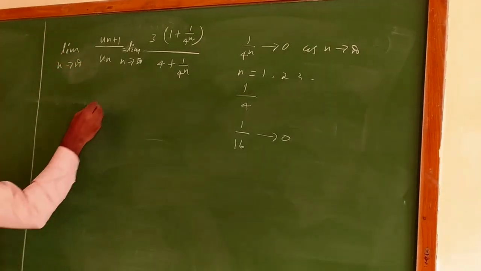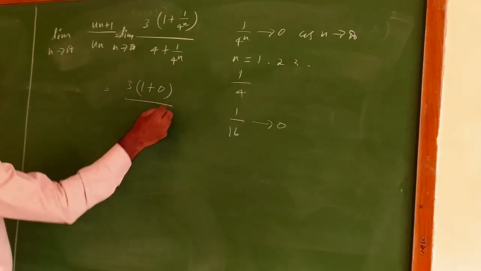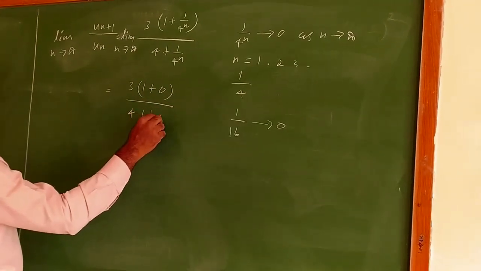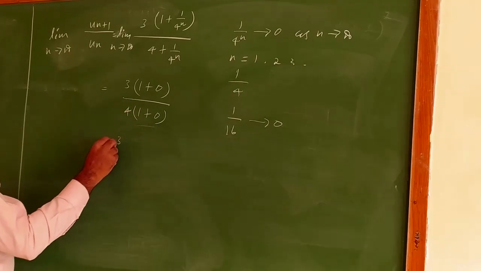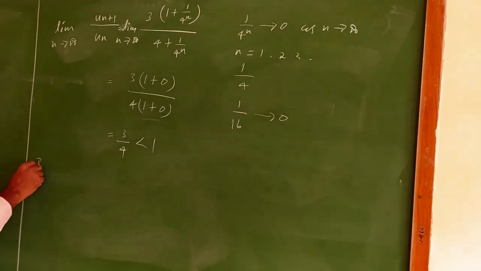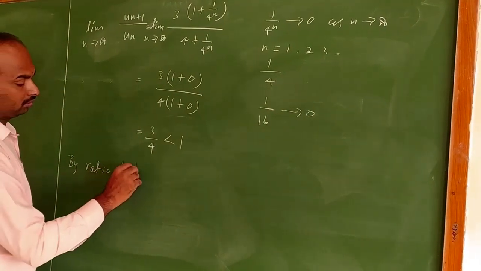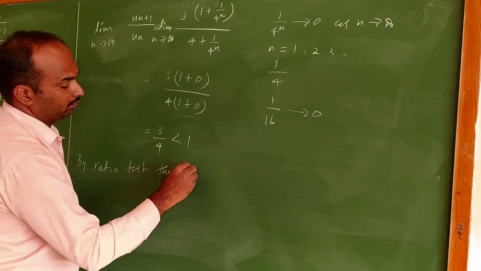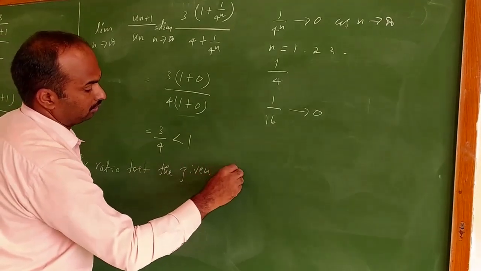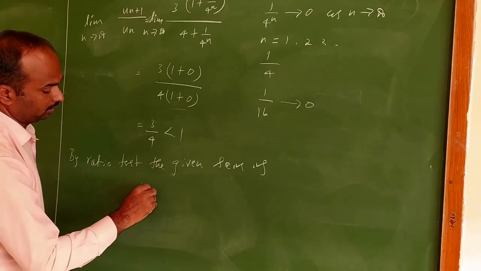So therefore the right hand side will be 3 into 1 plus 0, divided by 4 into 1 plus 0. So therefore the limit is 3 by 4, which is less than 1. So by ratio test, the given series is convergent.